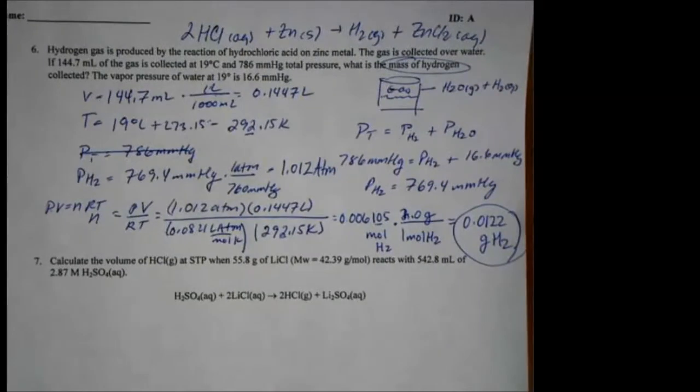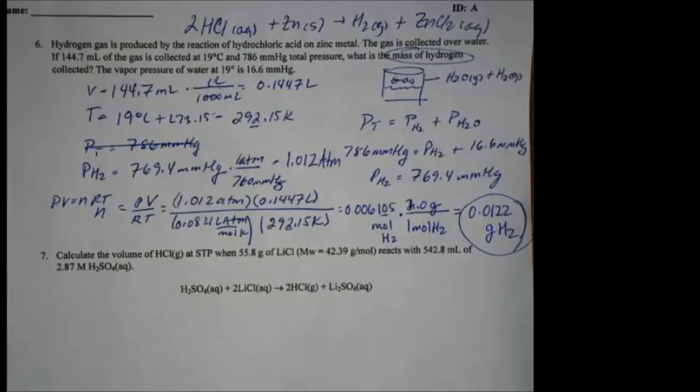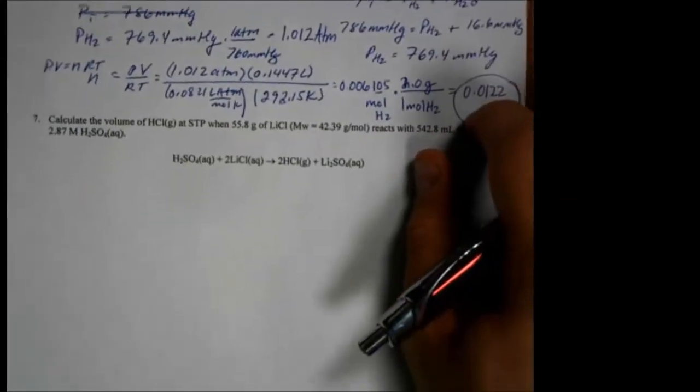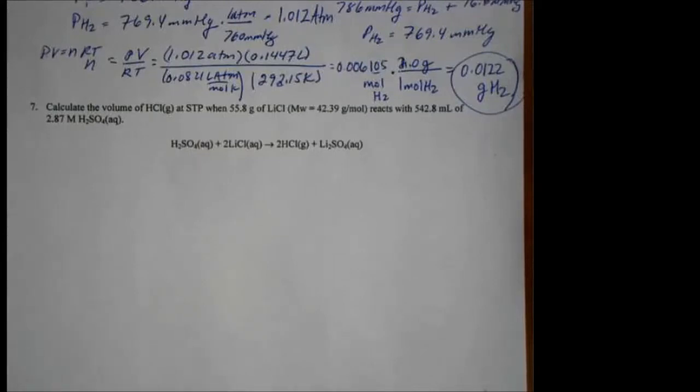Alright, so next up we're doing another gas law problem, and this gas law problem involves some stoichiometry. It says calculate the volume of HCl at STP when 55.8 grams of lithium chloride reacts with 542.8 mL of 2.87 molar H2SO4.